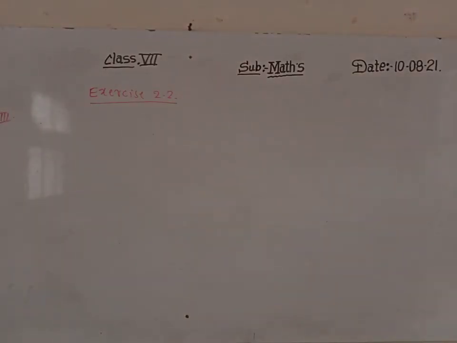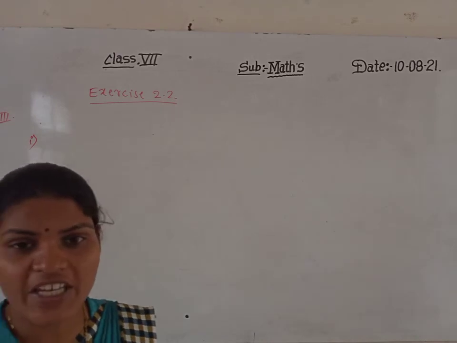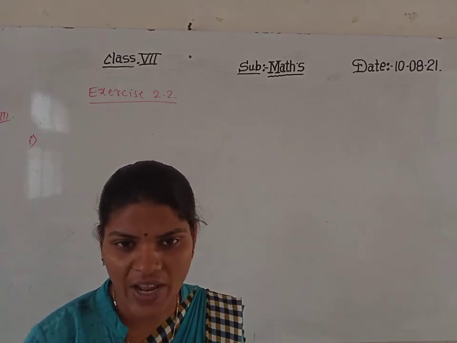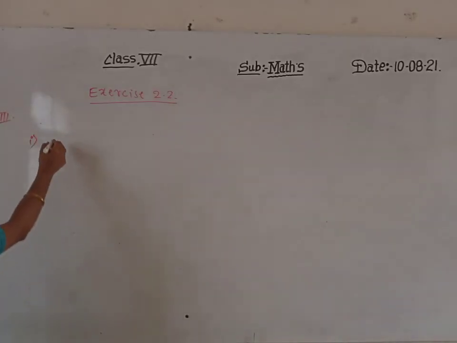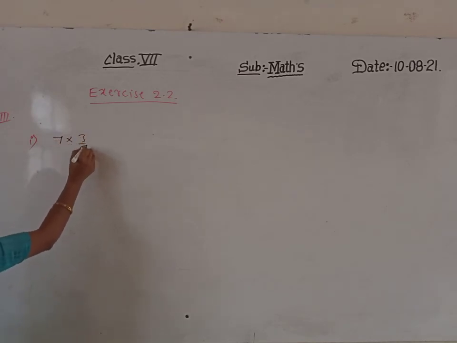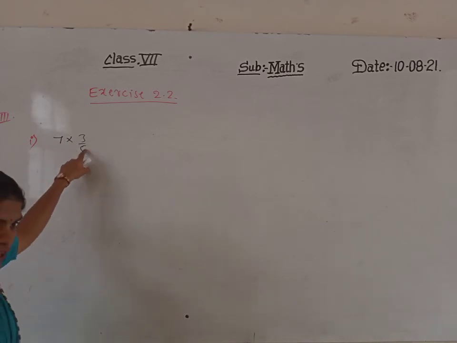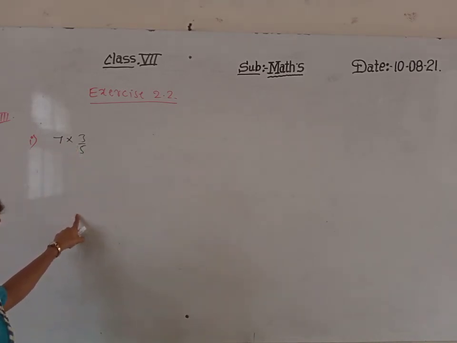Yes, first one, 7 into 3 by 5. Very easy numbers. He has given a whole number by a fraction. Multiplication of a whole number by a fraction. 7 into 3 by 5. What are we doing here? Multiply the whole number by the numerator, then keep the denominator as it is.